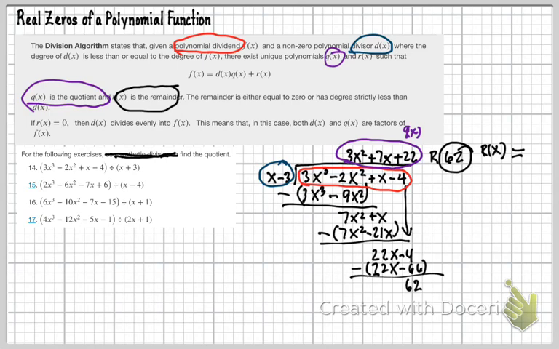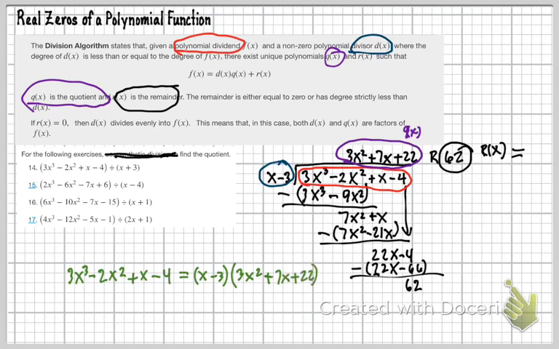So if I wanted to write it exactly like this here, I would get my f(x), there's my red one there, and that's going to equal my d(x), so that was x minus 3. And then my q(x), that was 3x squared plus 7x plus 22.